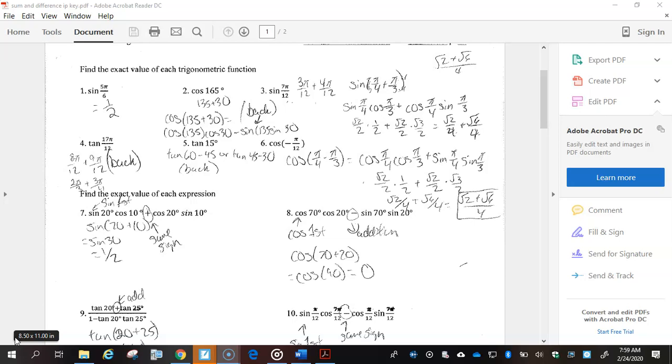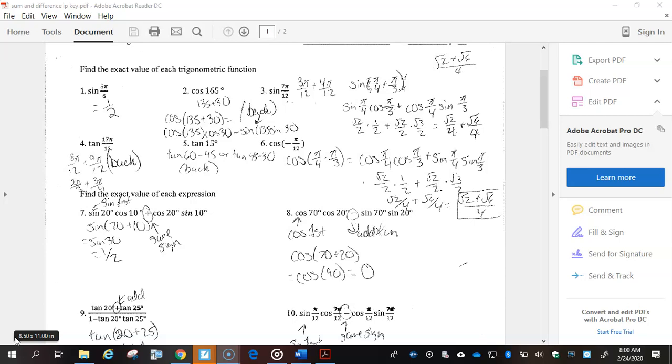You have to multiply the bottom. I'll come back to 4 and 5 because those are on the back. But you can see the angles I used. So number 2, I used 135 and 30. Number 4, I used 8 pi over 12 and 9 pi over 12, which gave me 2 pi over 3 and 3 pi over 4.